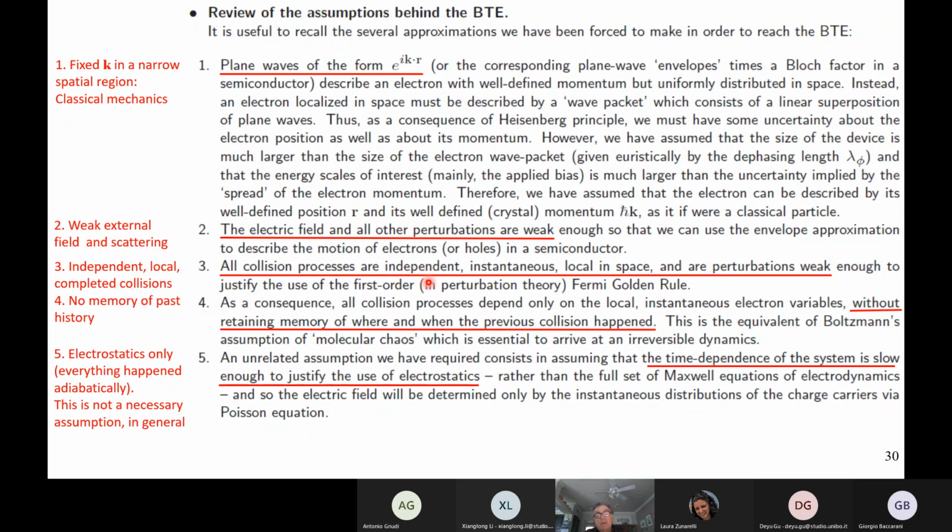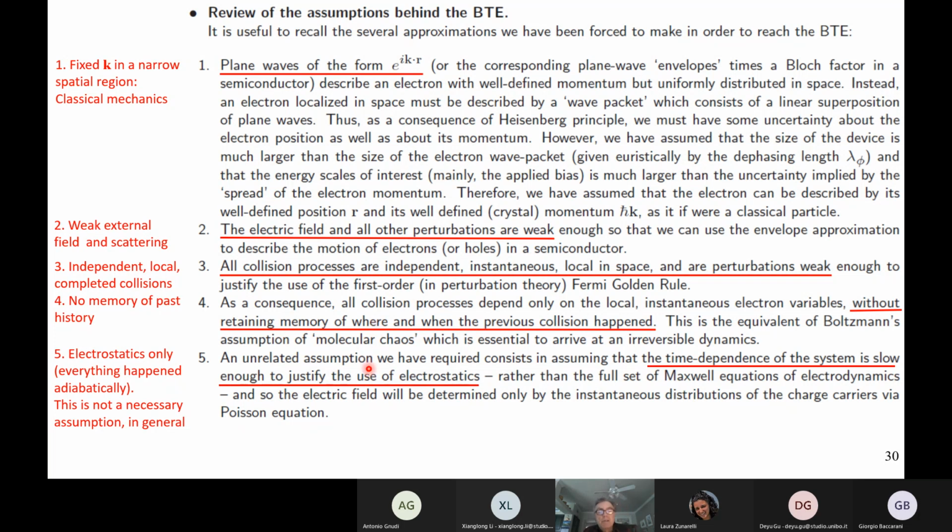So coherent scattering with many impurities, as I mentioned several times before, is not accounted for, because I would have to keep what we call the pre-master form of the collisional operator in order to keep memory, to keep track of the past history of the particle. So we lost reversibility in time, and that's because we took the Van Hove limit, or essentially we completed the collisions. So these are major approximations.